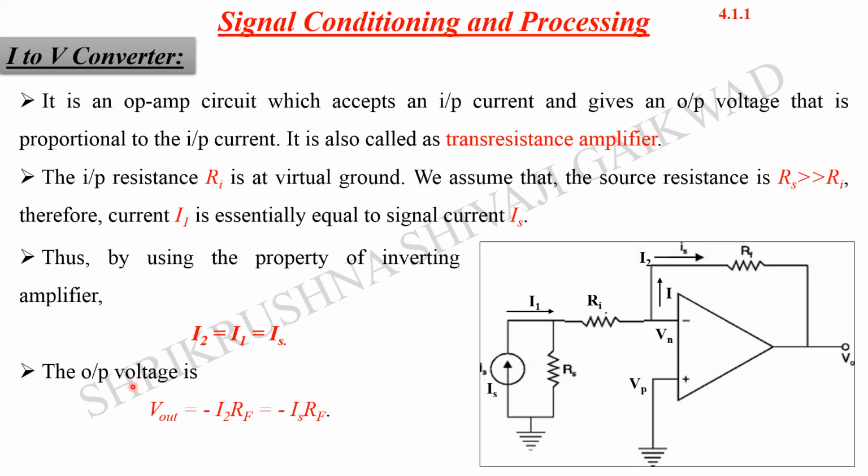Thus the output voltage is given as Vout equal to minus I2 times RF, which is equal to minus Is times RF. Because I2 is equal to Is, we can consider that the output voltage is nothing but the feedback resistance times the input current.